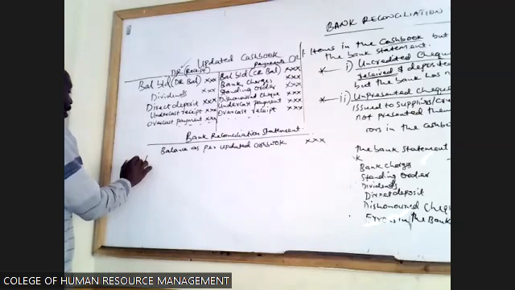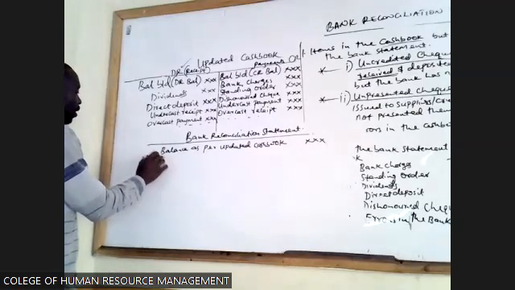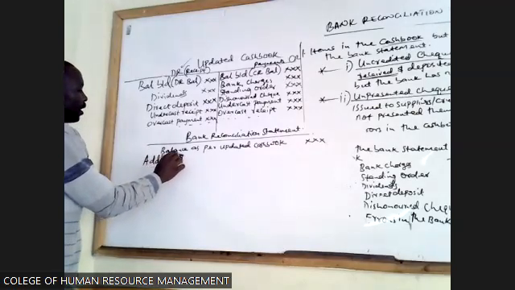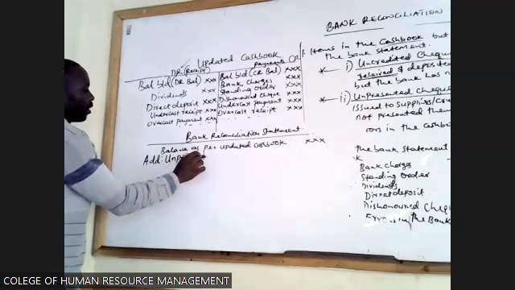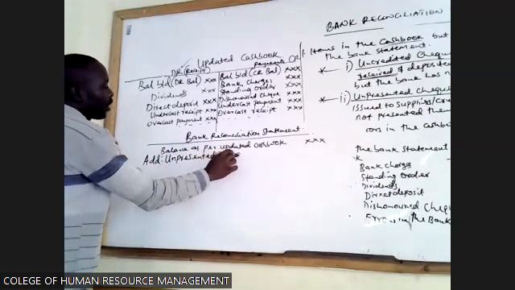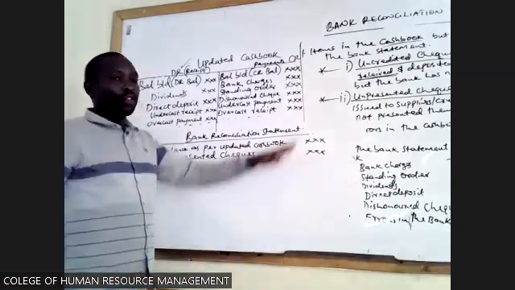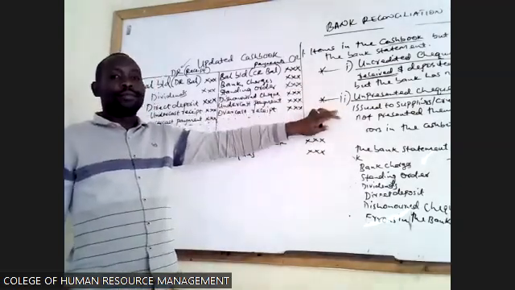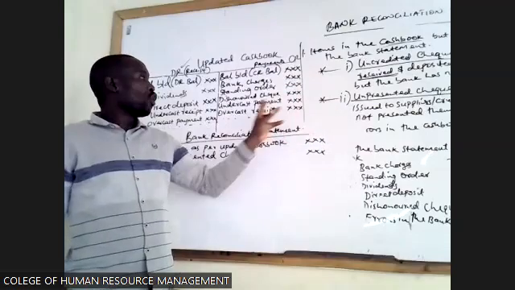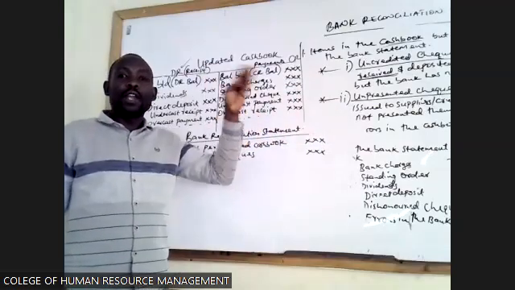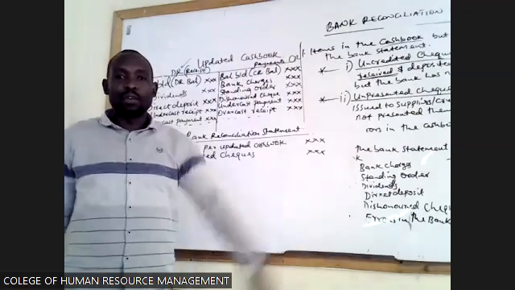Then you add unpresented checks, the ones that we talked about here. We did not use them here because they were already in the initial cash book.